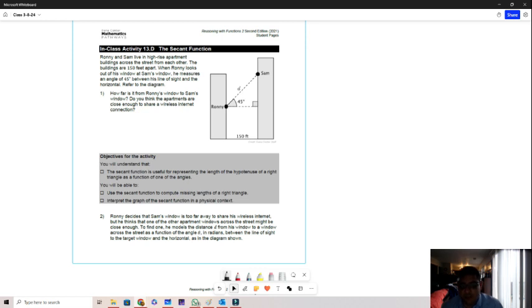We can create a right triangle here where Ronnie is looking up at an angle of 45 degrees, and we want to measure this distance d, because that will allow us to know if the routers are going to be good enough to provide both apartments with internet service.